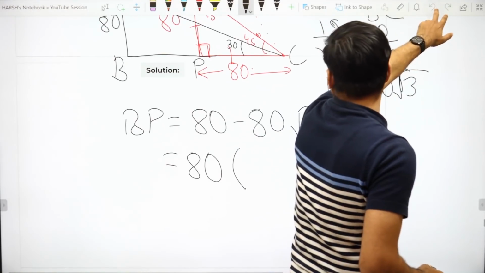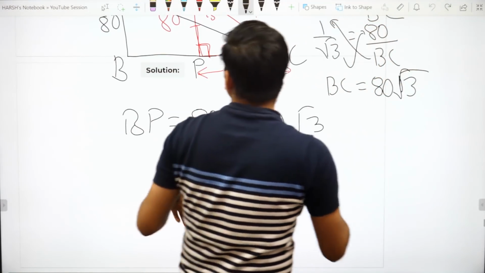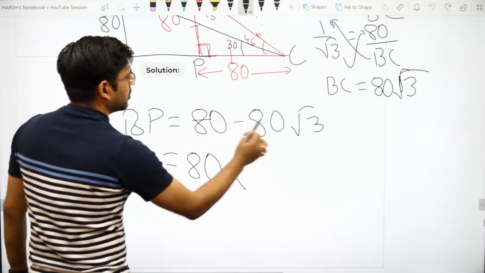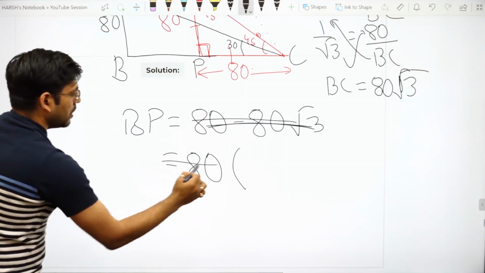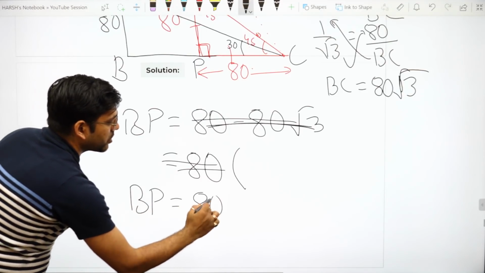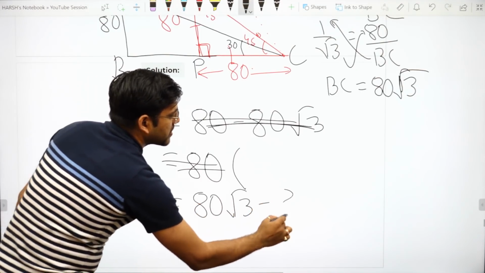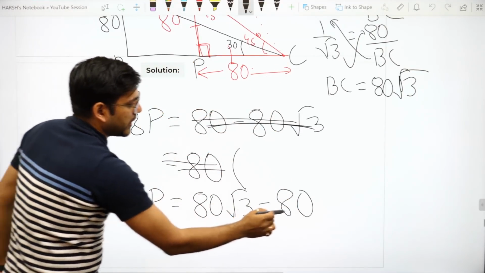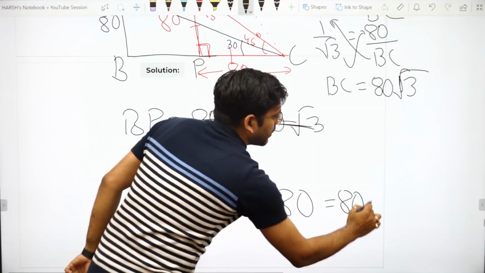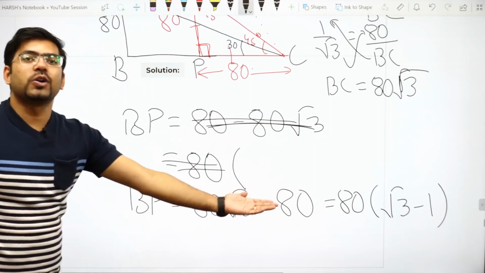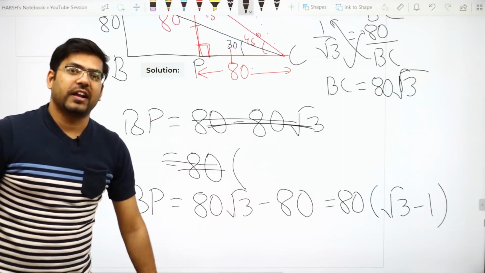I wrote it wrong, this is wrong. BP will be, BP is equal to 80 root 3 minus 80, because 80 root 3 is this much and this is 80. So taking 80 common, it will be root 3 minus 1, and hence putting the value or solving the value, you will be getting the final answer.